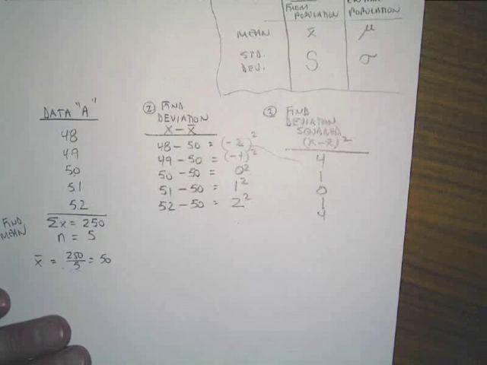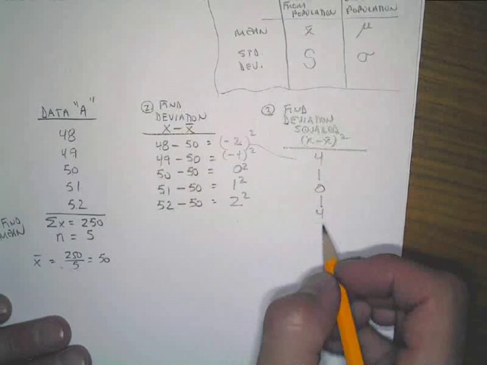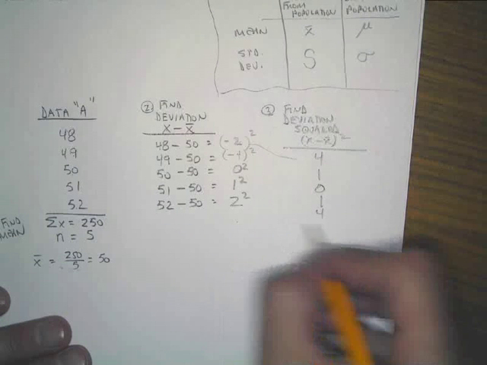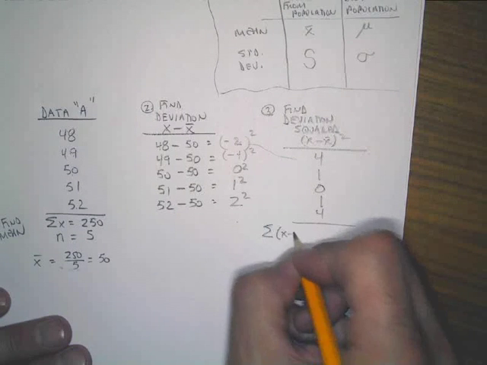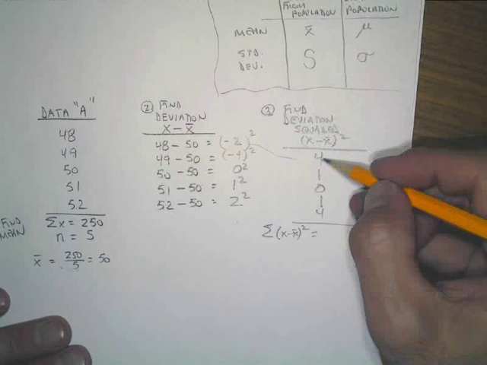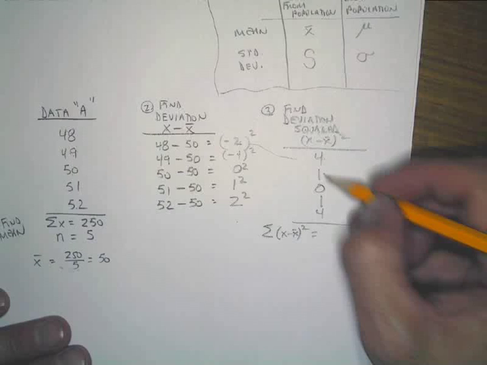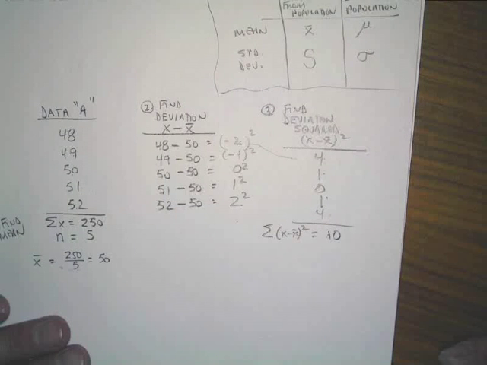And 2 squared is 4. Okay? Now we can sum up these deviations squared. So 4 plus 1 is 5, plus 1 is 6, plus 4 is 10.